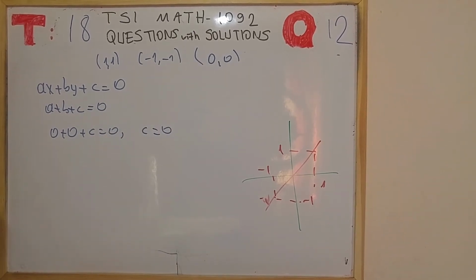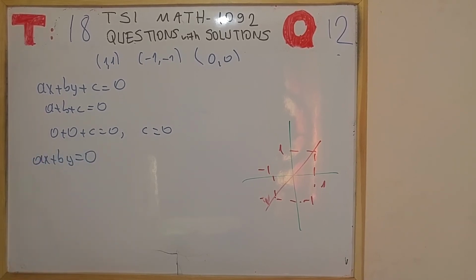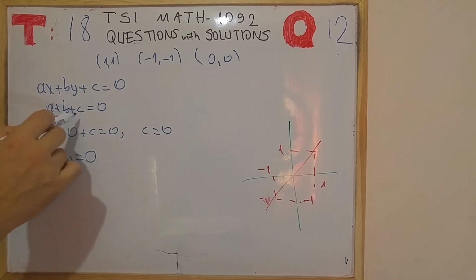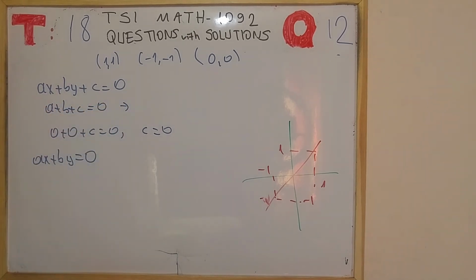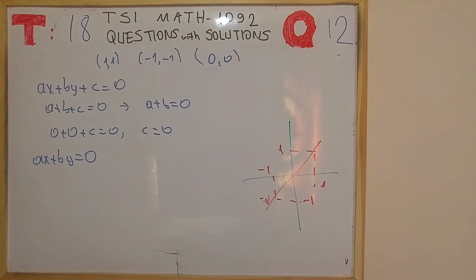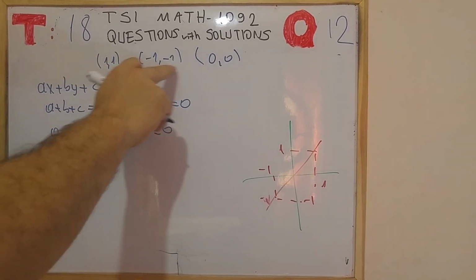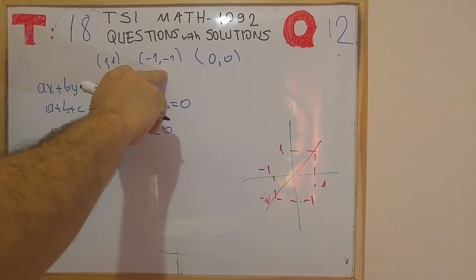So actually this function is something like ax plus by is equal to 0. Now turning back, what I get from here is a plus b is equal to 0. And similarly, this passes through this point too.